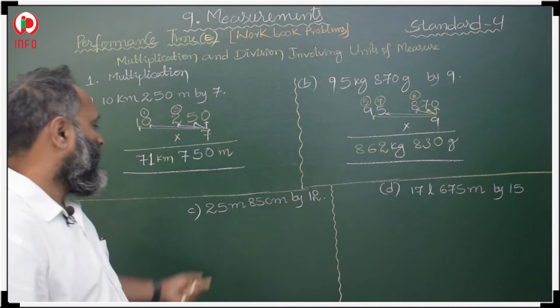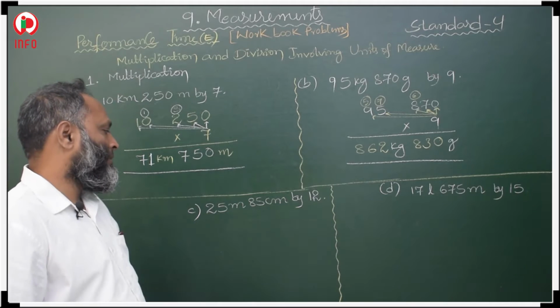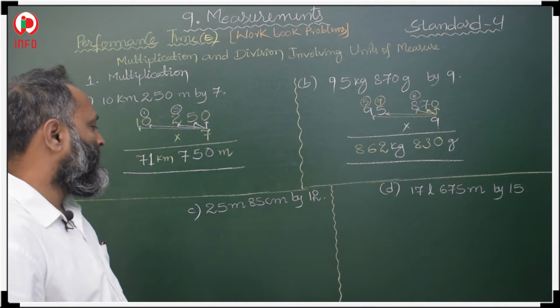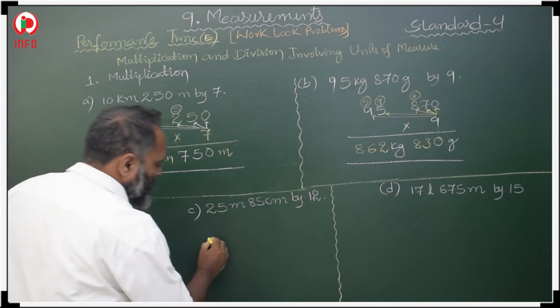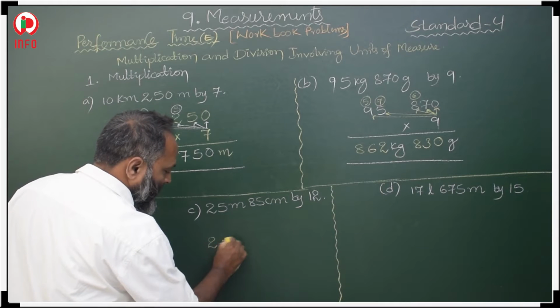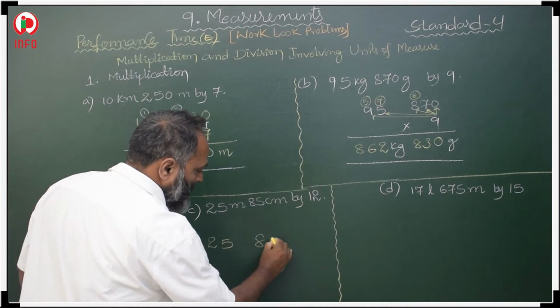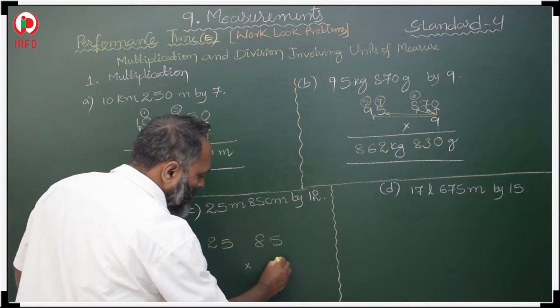Now 25 meters 85 centimeters. So 25 meters and gap, 85 centimeters, multiply by 12.